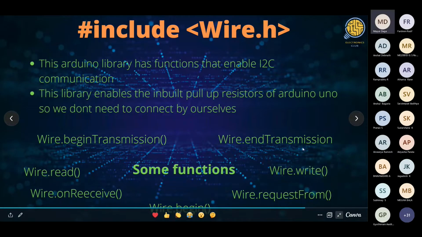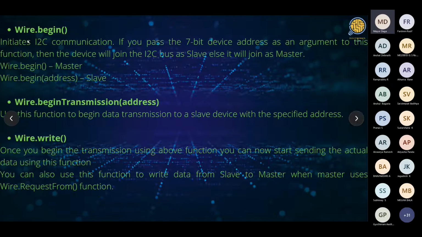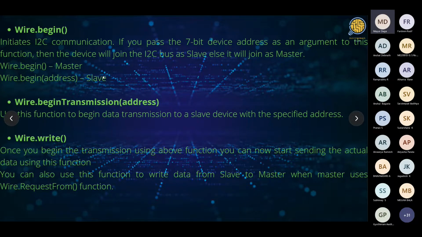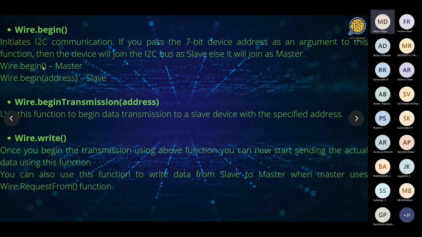Wire.beginTransmission, Wire.endTransmission. I'll discuss them in a bit of detail. So Wire.begin initiates the I2C communication, and in Wire.begin you have to pass the slave address as an argument, but you should not pass an argument in Wire.begin for master code, because the master is the one which has no address, but the slave has an address.